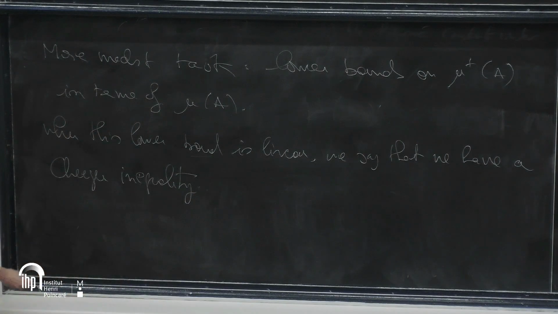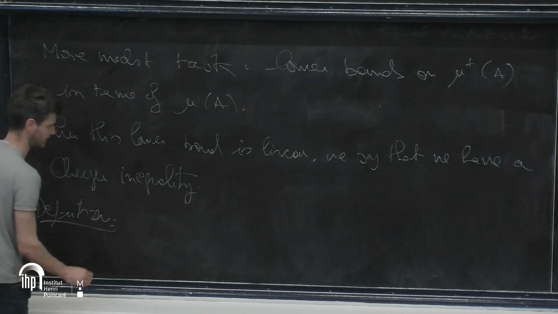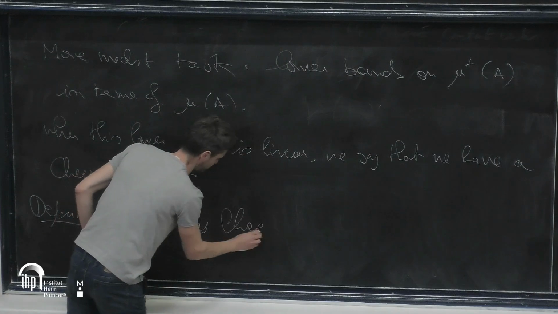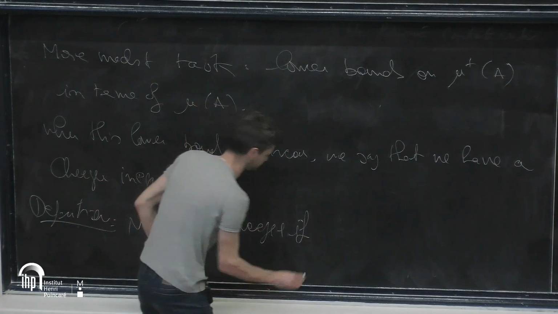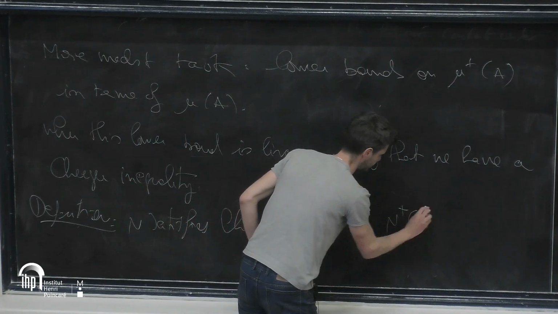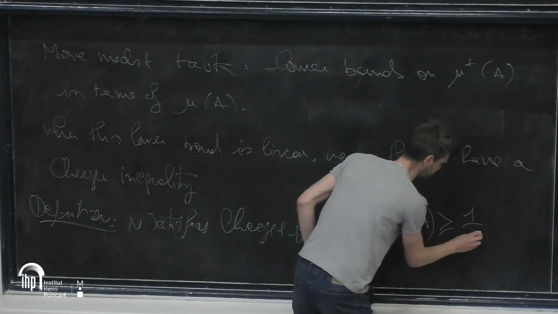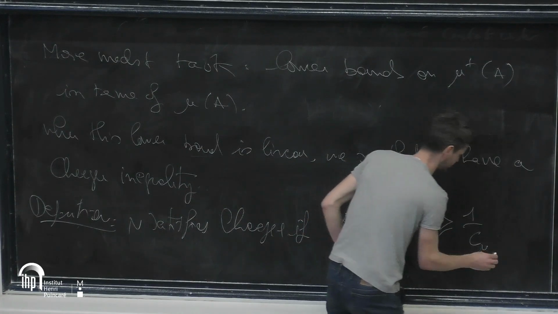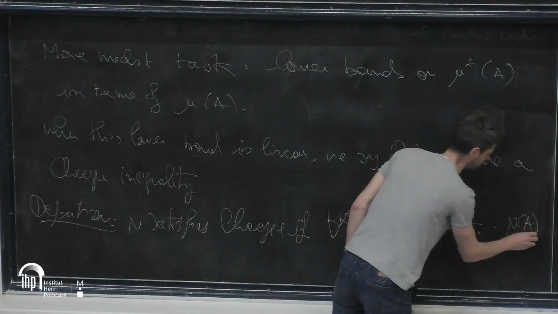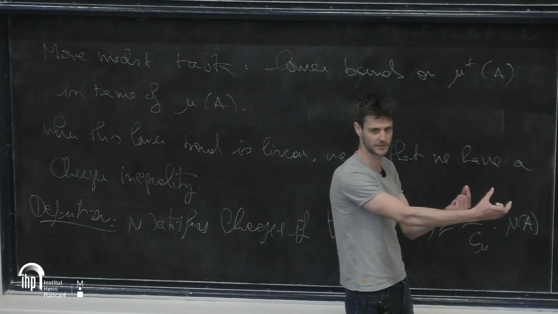Okay, so maybe let me write it more formally, definition. So I say mu satisfies Cheeger if for every set A, mu plus of A is at least, okay, there will be some constant that depends on mu, times, so of course, if you take a very large set, then you have to take into account that the complement will be small.